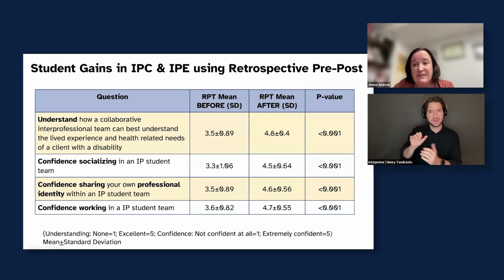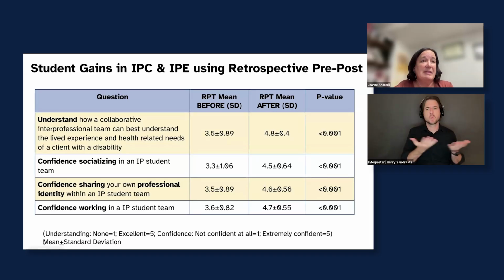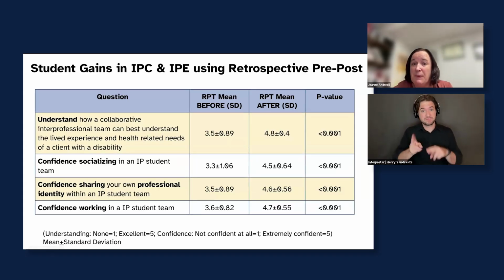What you can see in this slide is that we had significant gains in student understanding and confidence with collaborating on an interprofessional team and understanding the social determinants of health. And it is very similar to the significant gains we got in the retrospective pre-post. The only difference is that in using the retrospective pre-post, those pre-means are significantly lower than what they were in the post.